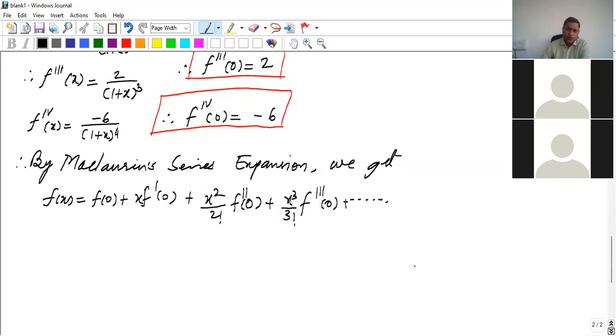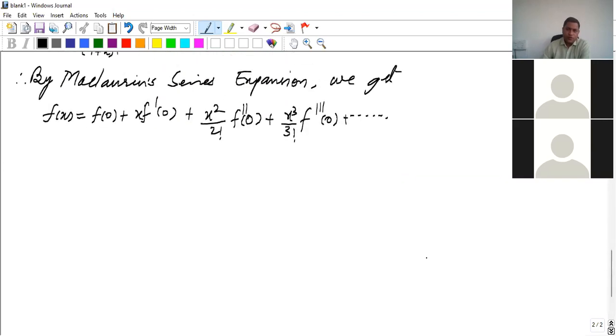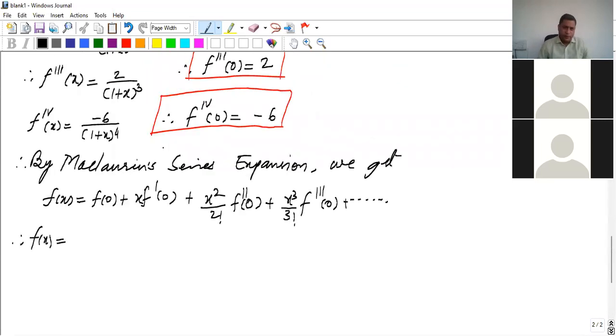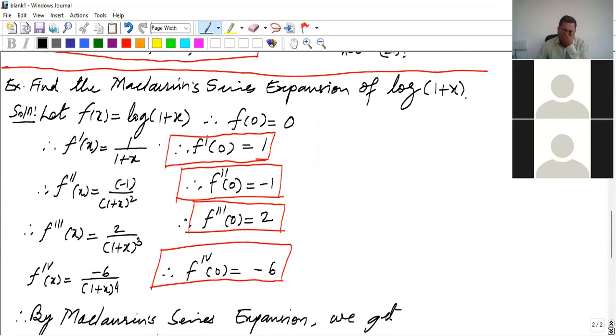So once we have this formula, let us write down the terms. So we have f of x is equal to f at 0. We have already calculated the value of this function. So what is f at 0?